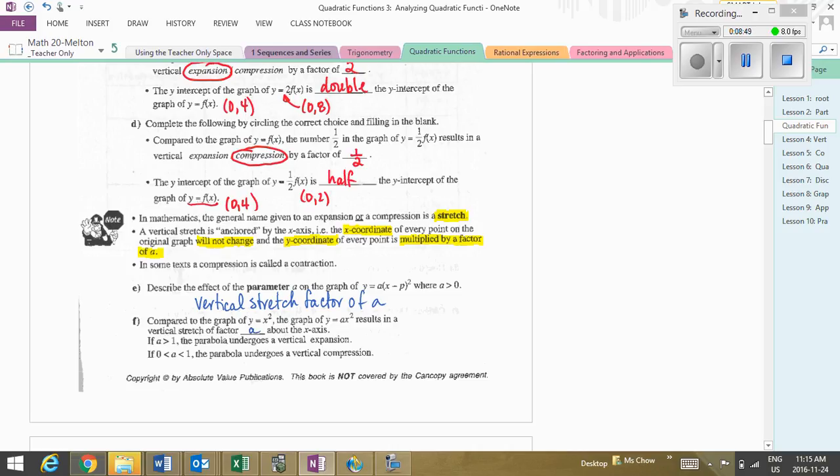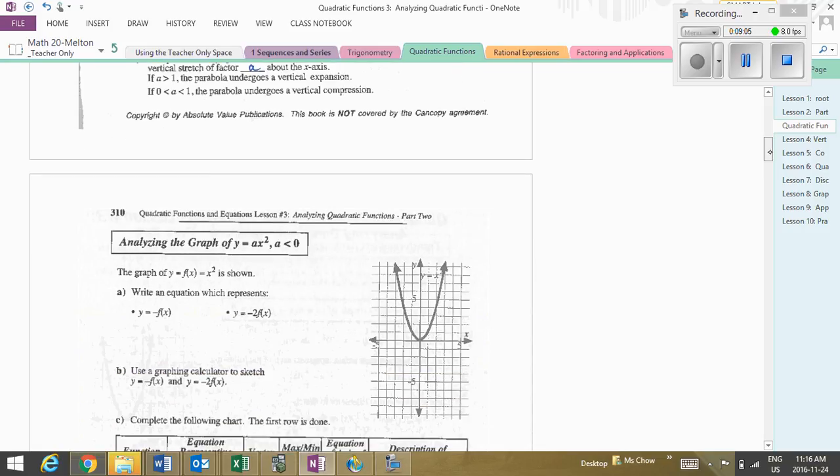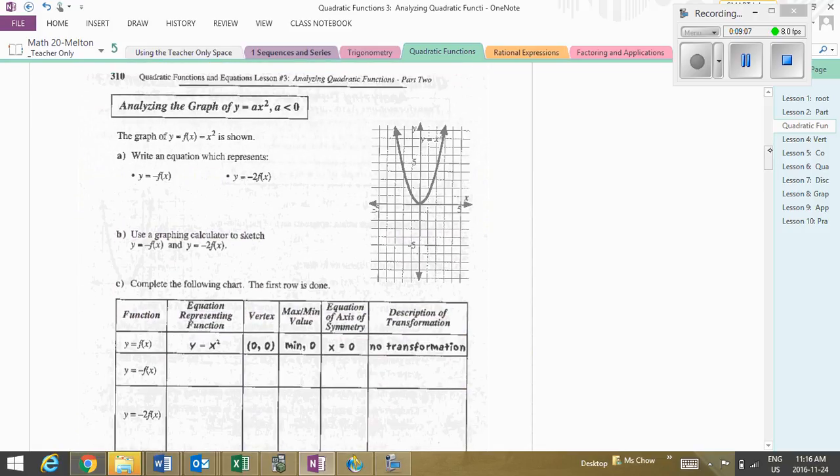Okay, so if a is greater than 1, then we're talking about a vertical expansion, so it gets skinny. And if a is greater than 0 but less than 1, then it goes through a vertical compression, or in essence, it gets wider. So let's take a look if a is now less than 0, meaning that a is going to be a negative value.